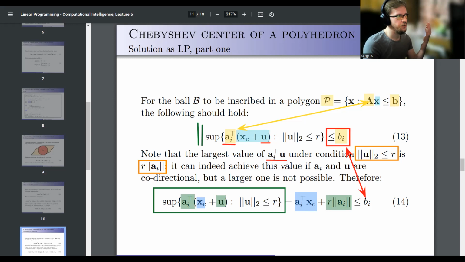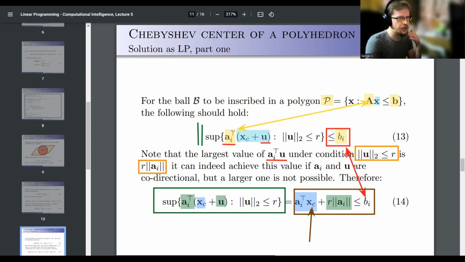We managed to simplify it to this final inequality, which looks like this. And this final inequality, notice, is linear in the decision variables. What are the decision variables here?